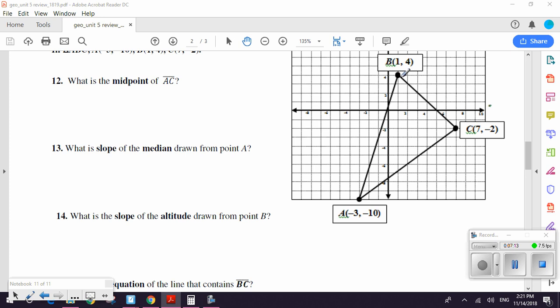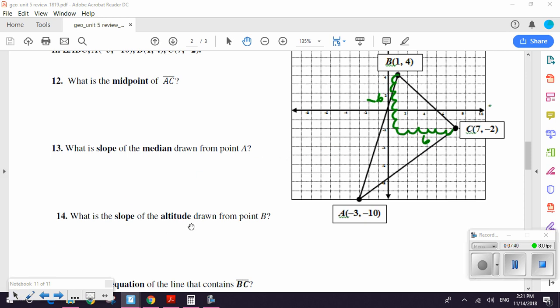So to find the slope, again, I'm going to count. To get from B to C, I have to fall 1, 2, 3, 4, 5, 6 times. So that's negative. And then 1, 2, 3, 4, 5, 6 times over, and that's positive. So that slope is negative 6 over 6, which reduces to just negative 1.